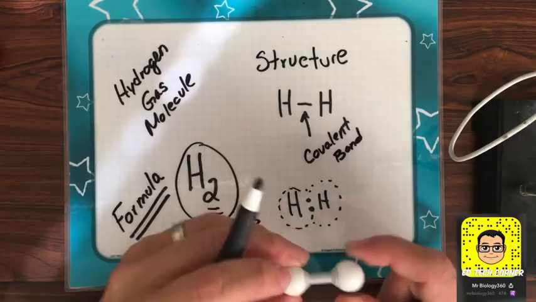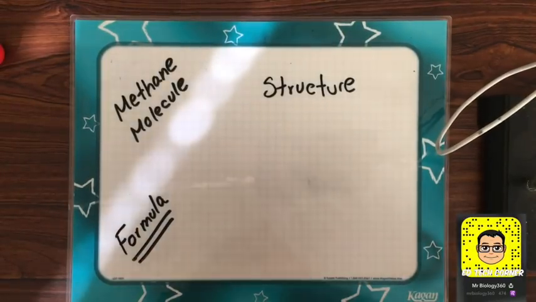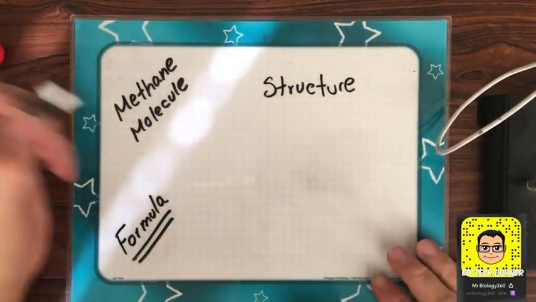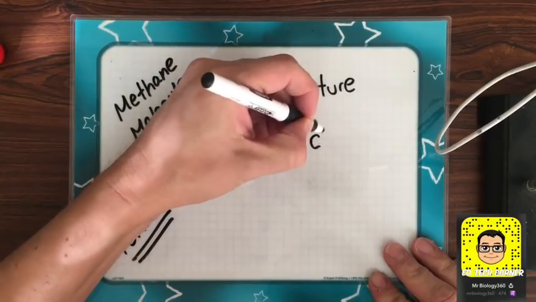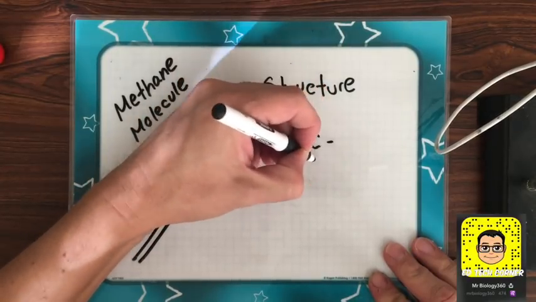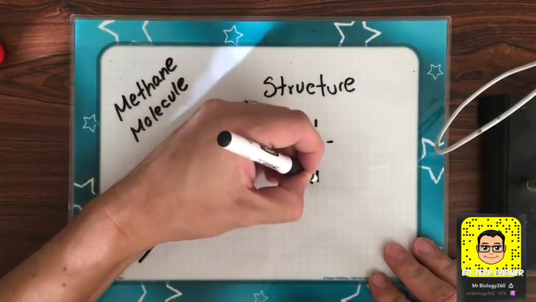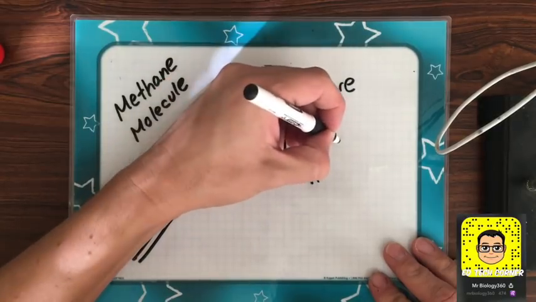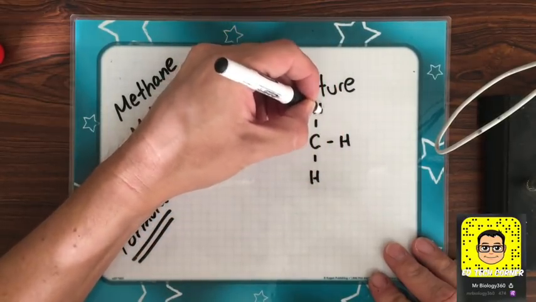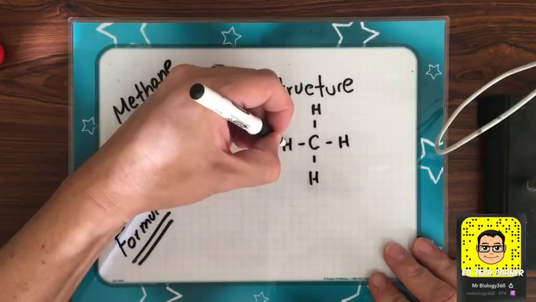All right, guys, now let's talk about the methane molecule. Methane looks like this. The structure is like that. It has a carbon in the middle, and then it has 4 hydrogen atoms bonded to that carbon.